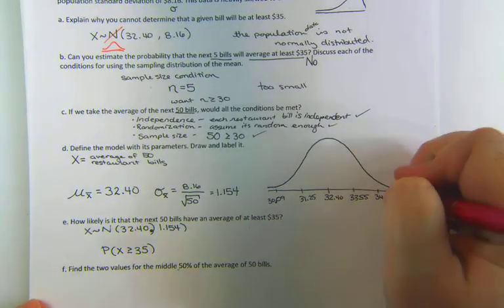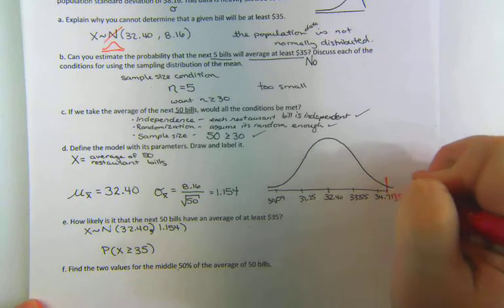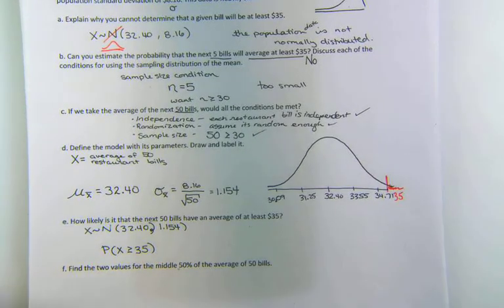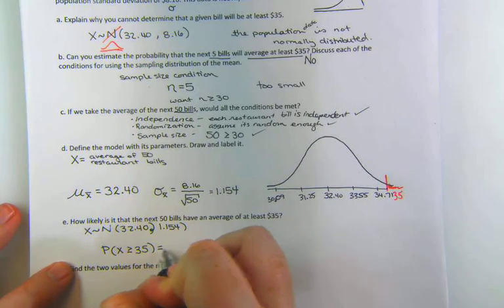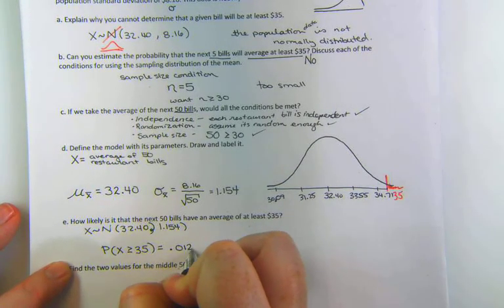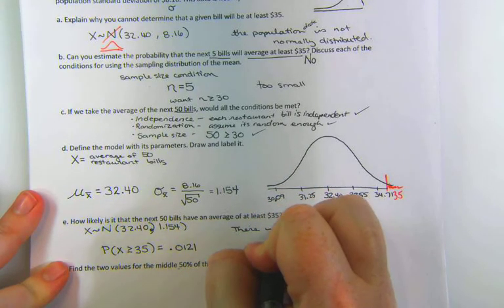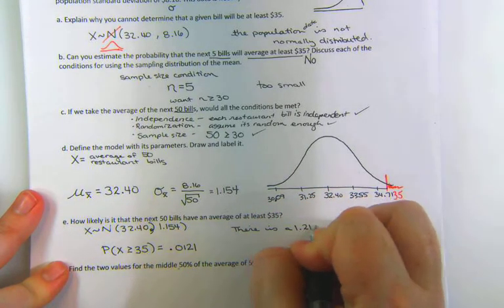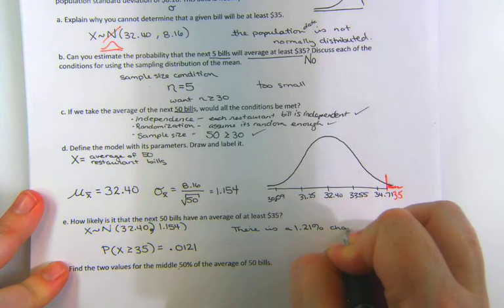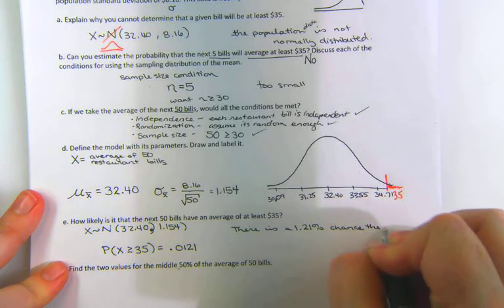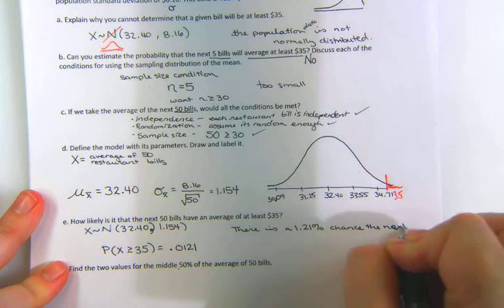So using our distribution, normally distributed, mean of 32.40, standard deviation of 1.154, we want to find the probability of being at least 35. Meaning if we have our graph here, we go to wherever 35 is, and we're finding the area above, which should be pretty small.